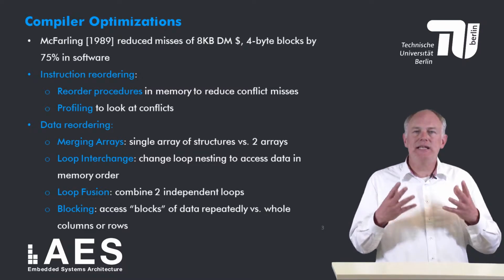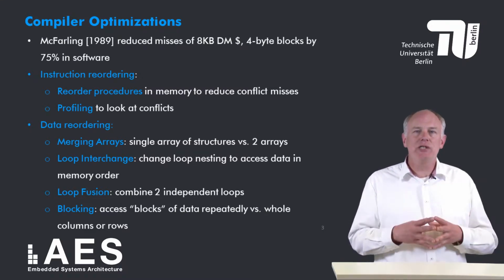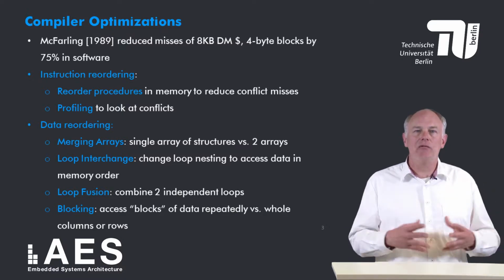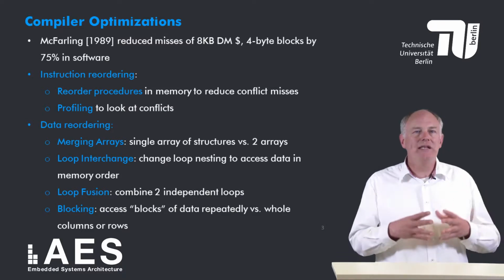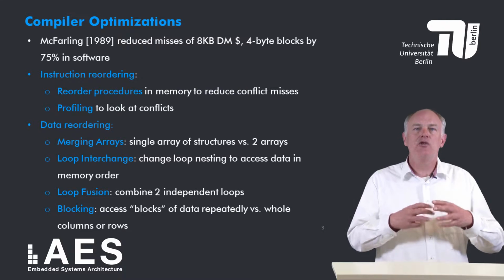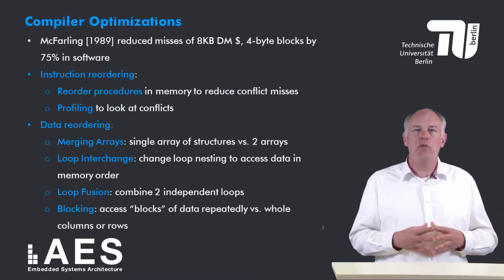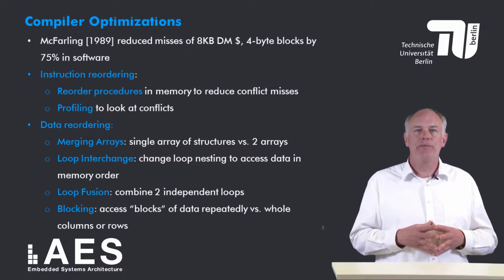Merging arrays is a simple technique that improves spatial locality and reduces conflicts by using a single array of structures instead of 2 arrays. Loop interchange is a technique that changes the order of loop nests to access data in the order in which they are stored in memory, thereby increasing spatial locality.